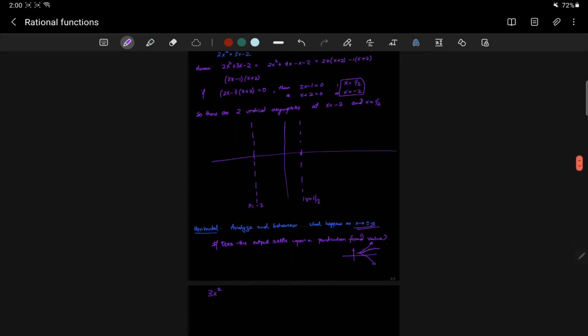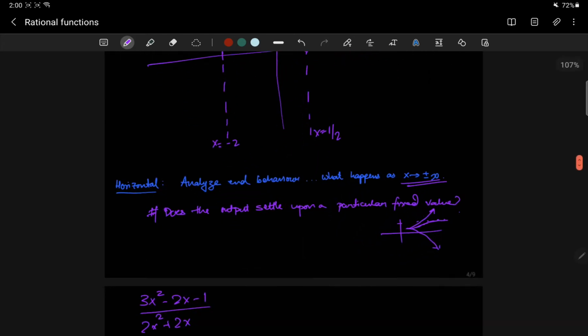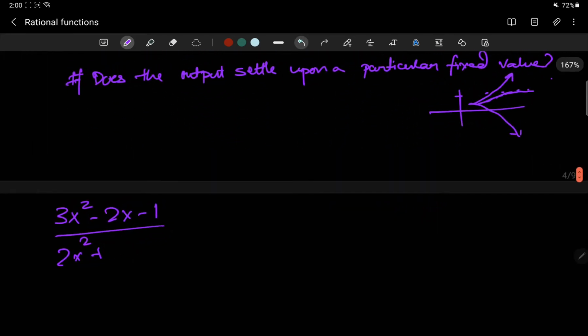So we have (3x squared minus 2x minus 1) over (2x squared plus 3x minus 2).